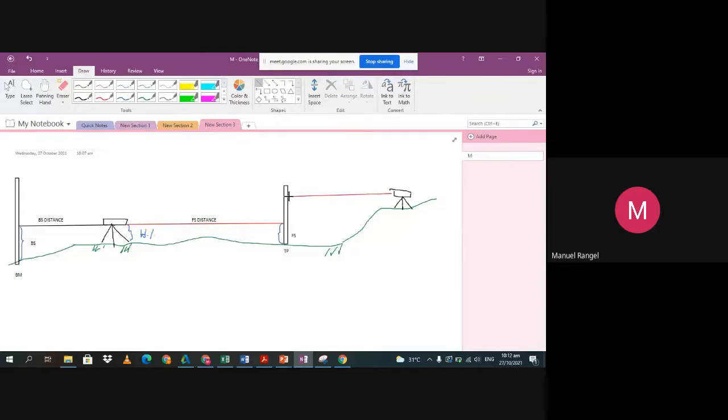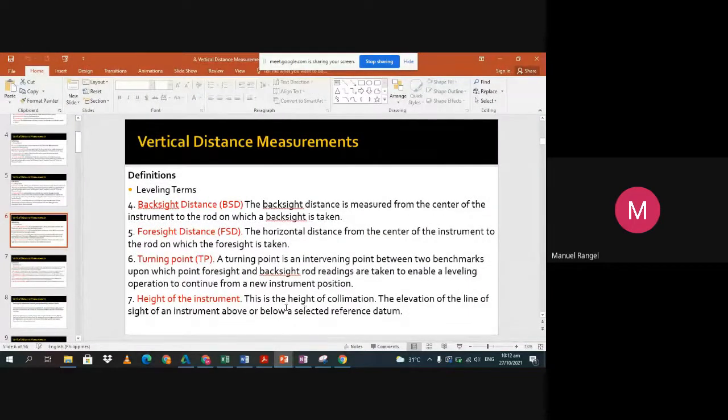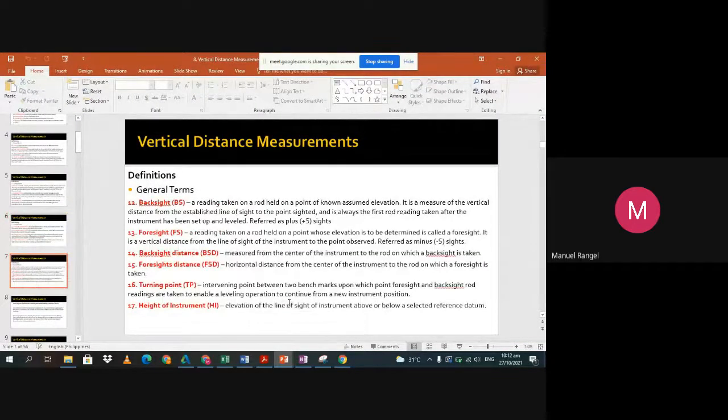Okay, so another backsight distance na pud ka. Then another foresight na pud ka. Okay. Ano ulit?